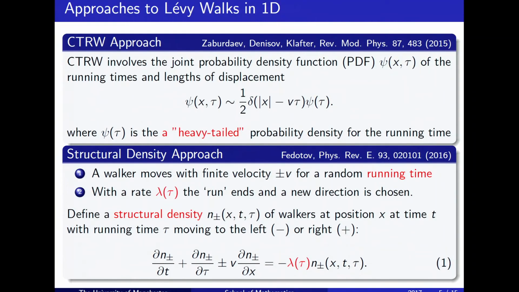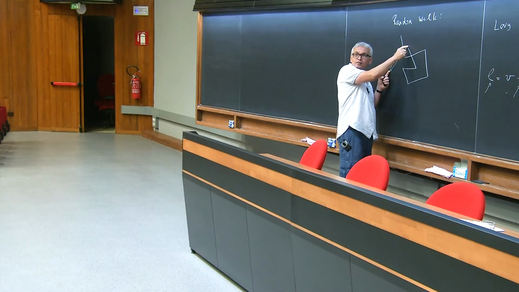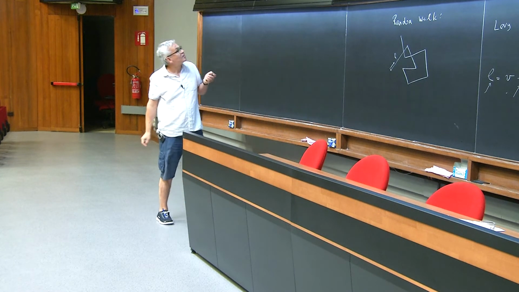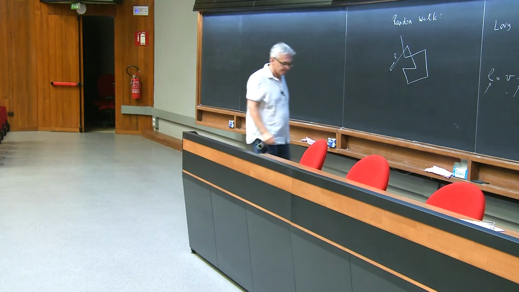So the particle moves right and left, at position x at time t, and then we introduce an extra running time. And then we introduce the rate of change. If the particle moves, there's always a probability that it changes direction. Now the rate of change depends on running time.